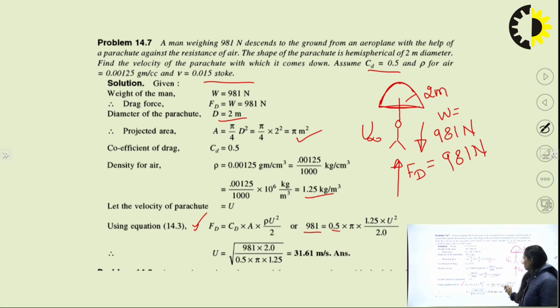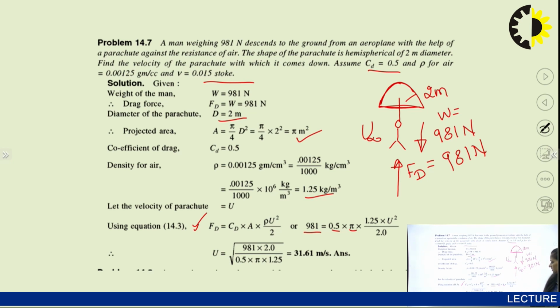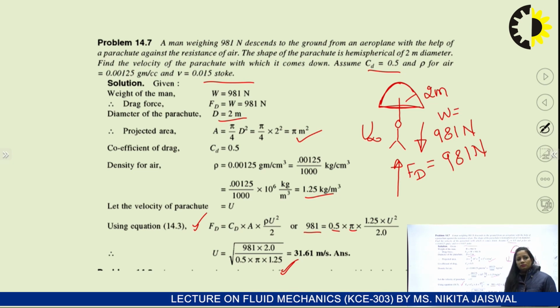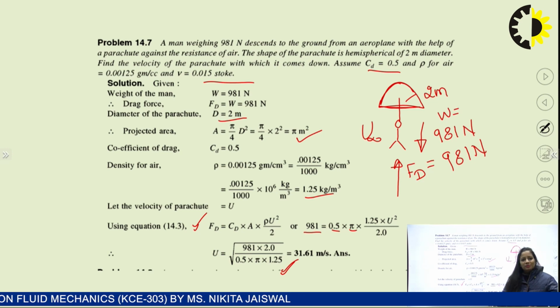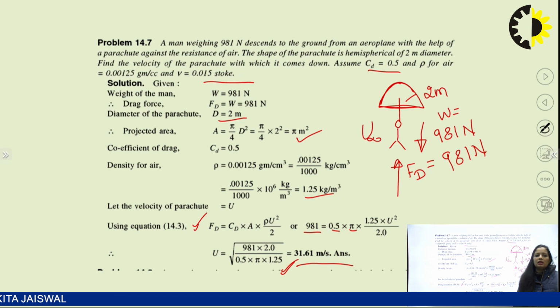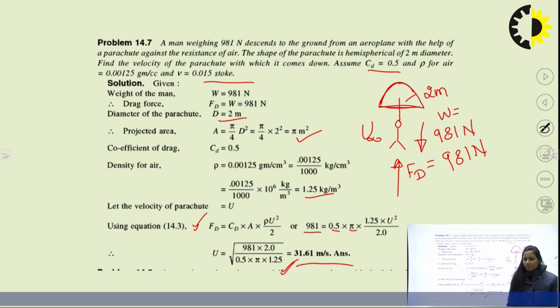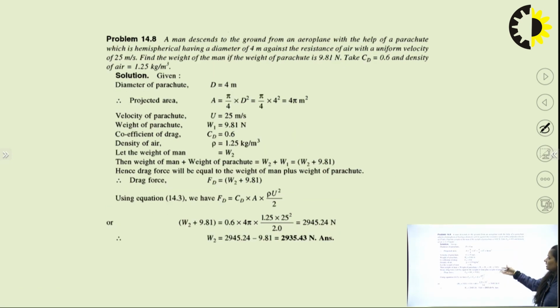CD is given as 0.5, area you have calculated as pi, rho is 1.25. All the other things are given, just calculate this parameter. So the velocity of the parachute with which it comes down will be 31.61 meter per second.